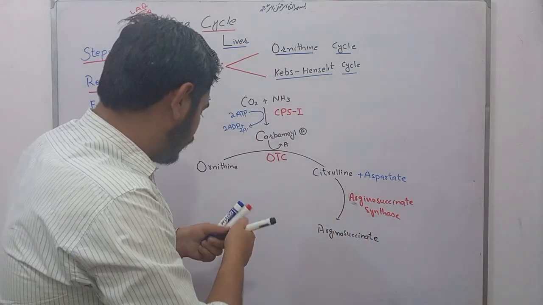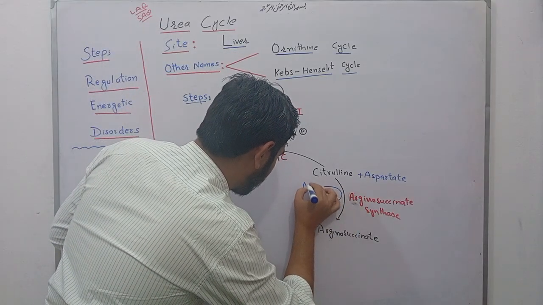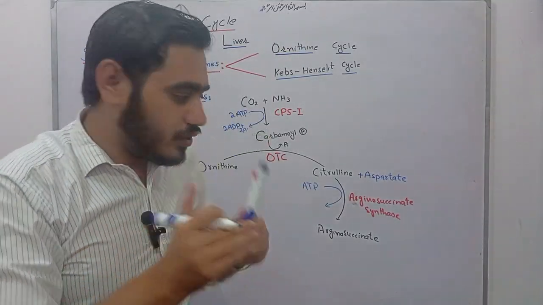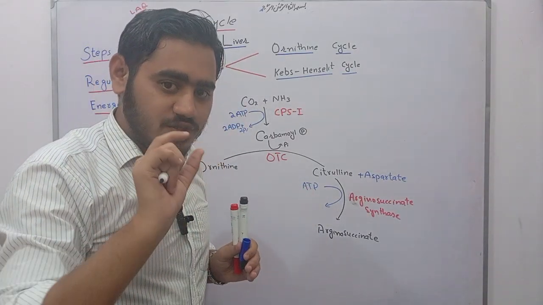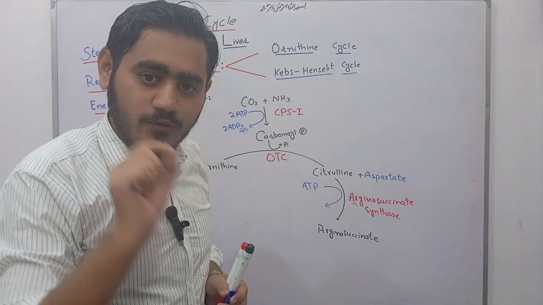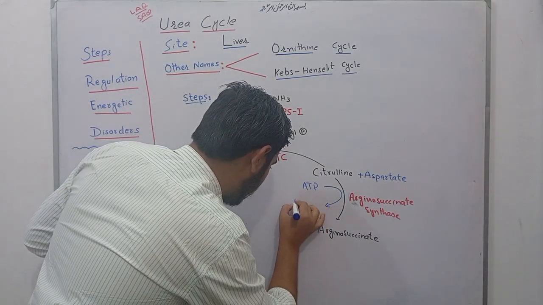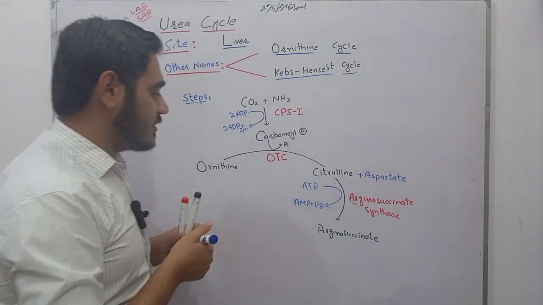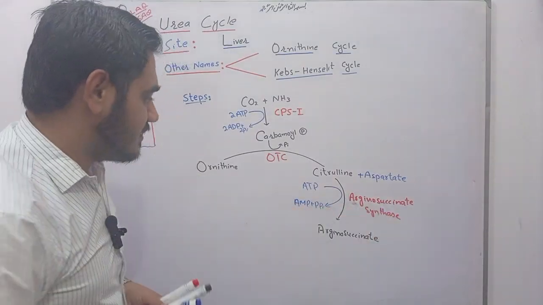Also there is a utilization of ATP, and two high energy phosphate bonds are utilized in this reaction. These two high energy phosphate groups are released in the form of PPi, that is pyrophosphate, leading to the formation of AMP and PPi, and there is a formation of arginosuccinate. So this is the third step.